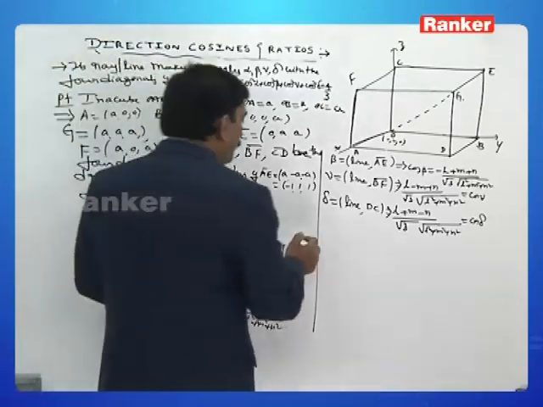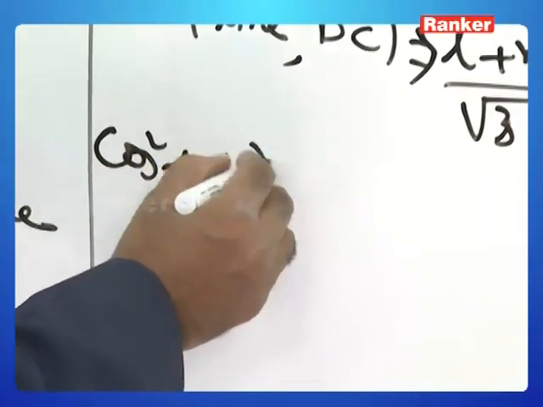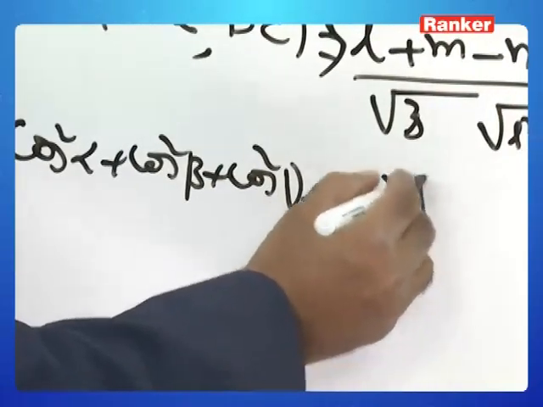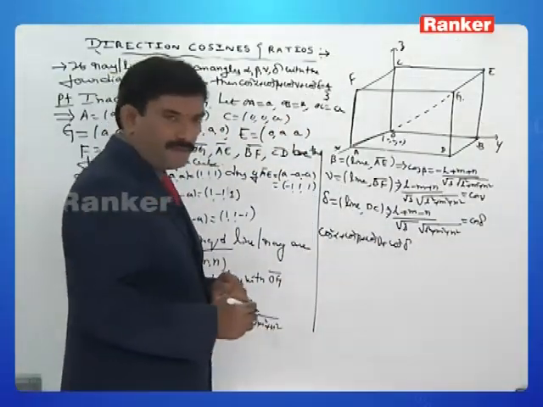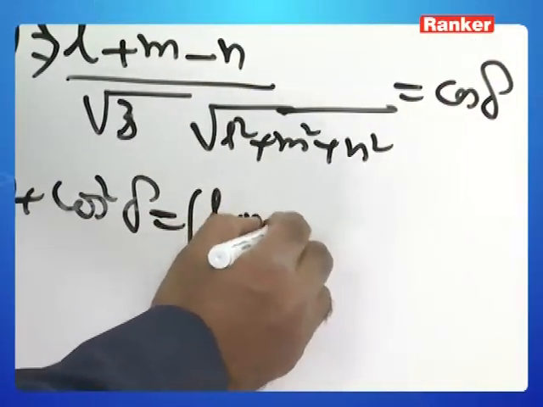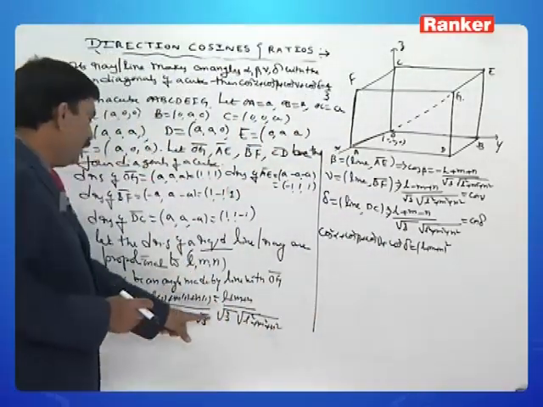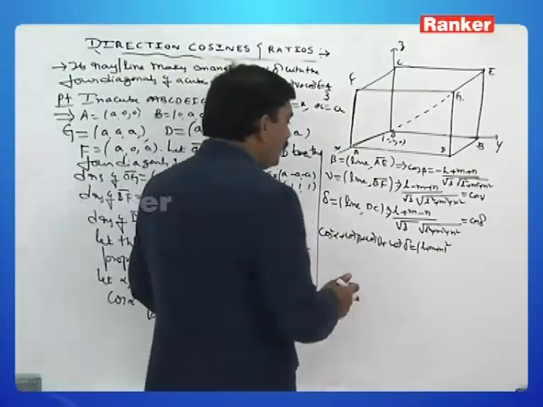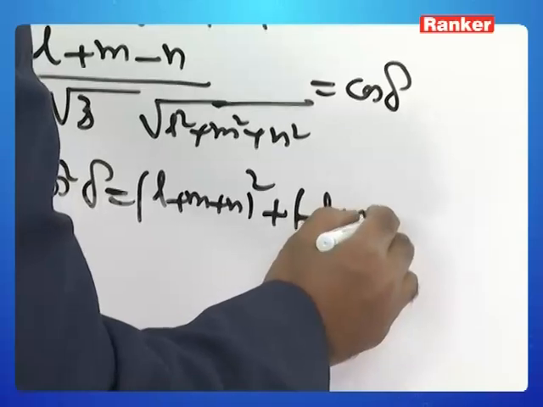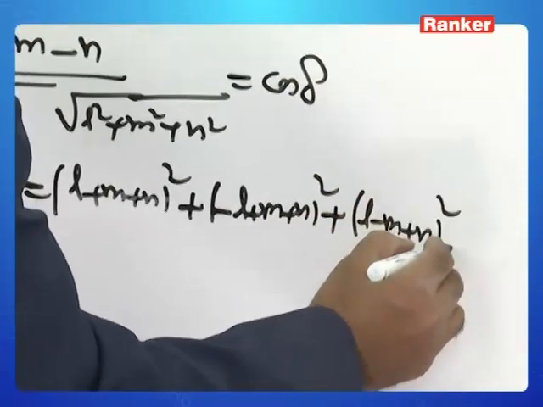Yes, we are supposed to find out cos square alpha plus cos square beta, cos square gamma, cos square delta, right? Is equal to L plus M plus N whole square. Now here root 3 is the common denominator. Next this becomes minus L plus M plus N whole square. This is L minus M plus N whole square.